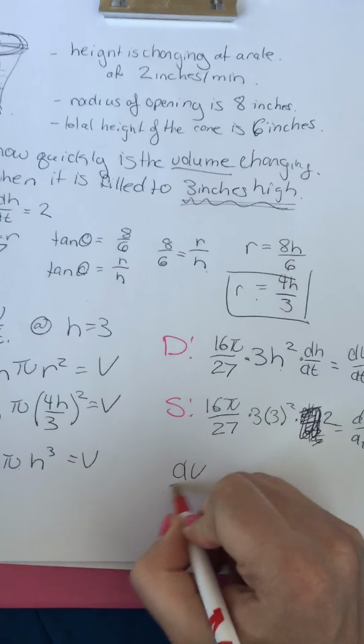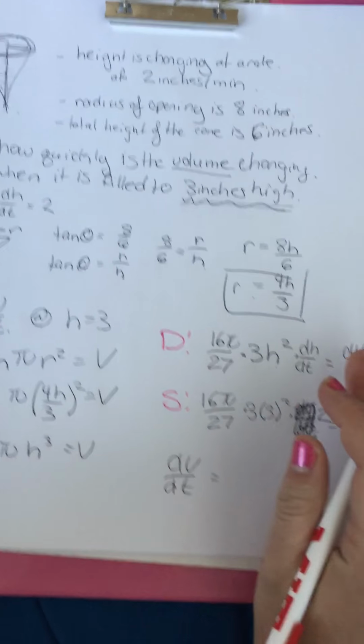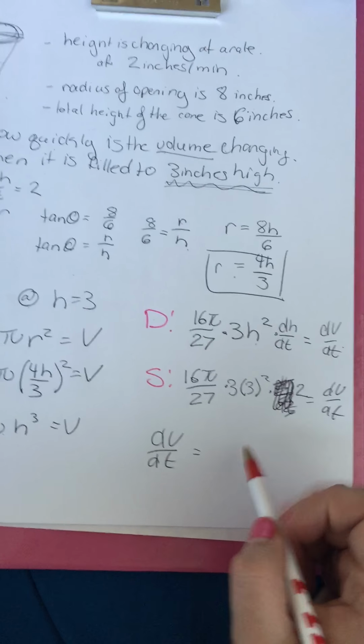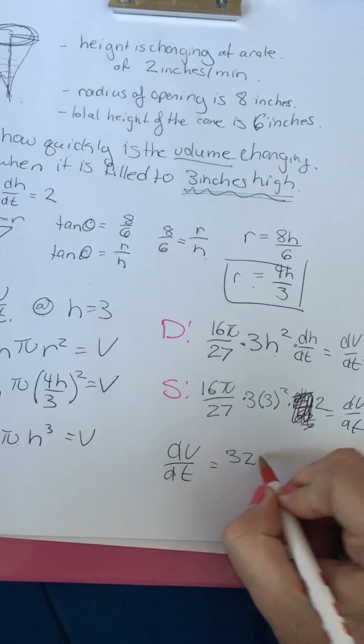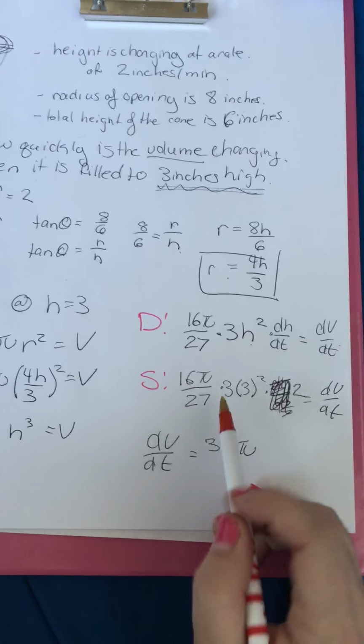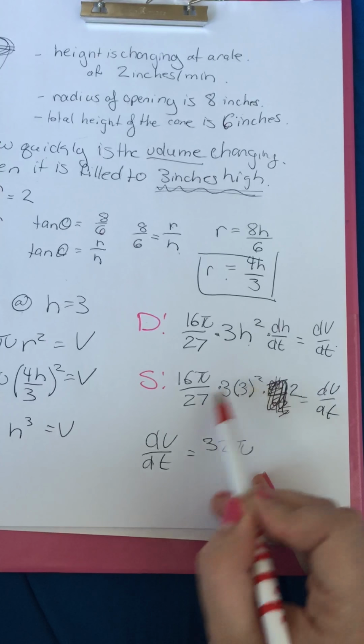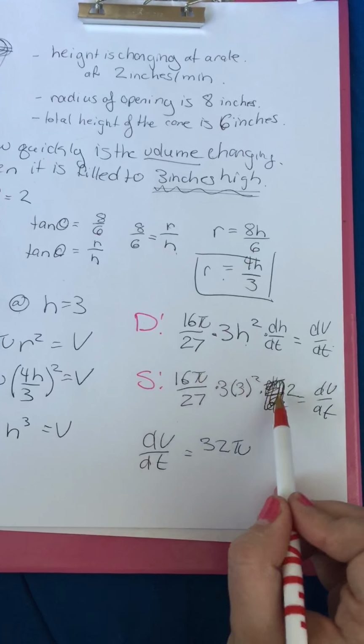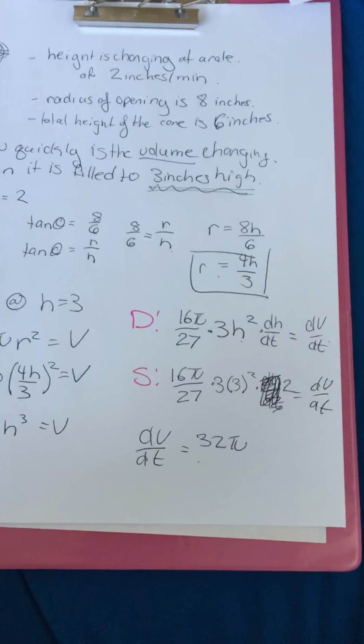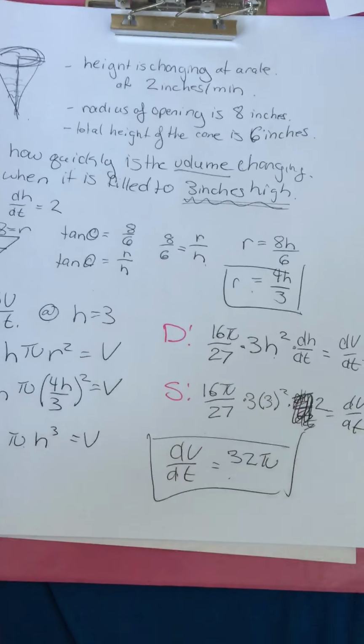So dV by dt is equal to 32 pi. 3 times 3 squared is 27, so they cancel, and then 16 times 2 is 32, and the pi came along. So this is our final answer.